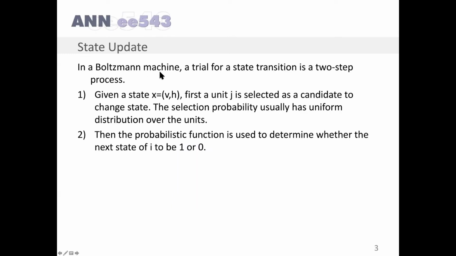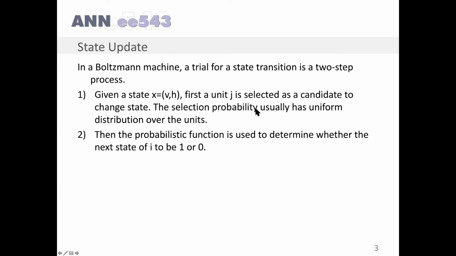In a Boltzmann machine, a trial for a state transition is a two-step process. In the first step, given a state X, which is concatenation of the output of the visible units and output of the hidden units, among these units, first the unit j is selected as a candidate to change state.